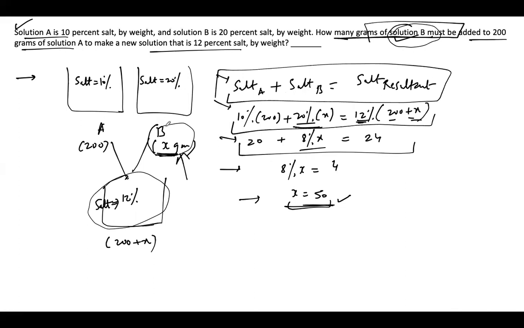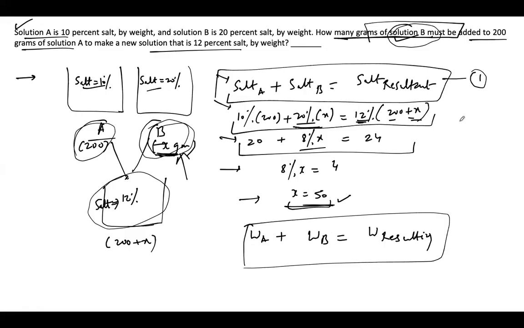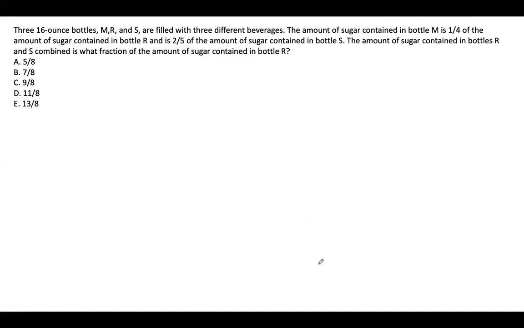There will be only two kinds of equations that we'll be making: maybe with respect to salt, or with respect to the weight, total weight of A plus total weight of B is equal to the weight of the resulting solution. These are the only two equations you can make in a mixture question. You have to think with respect to this. Okay, go for this one.